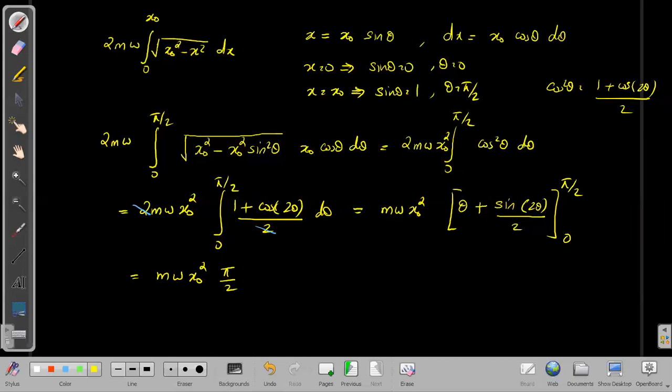Okay, and this is equal to the RHS, n plus half pi h cross. And what would happen? The pi would cancel. Okay, now we have m omega x0 square by 2, and we know that energy is half m omega square x0 square.